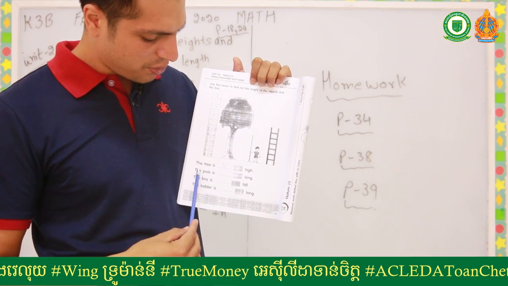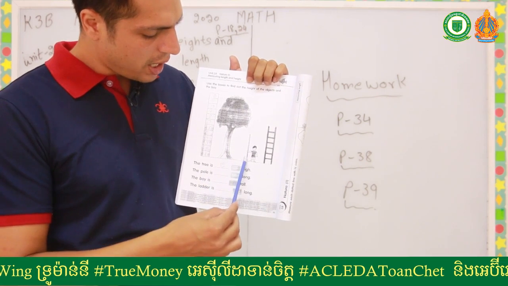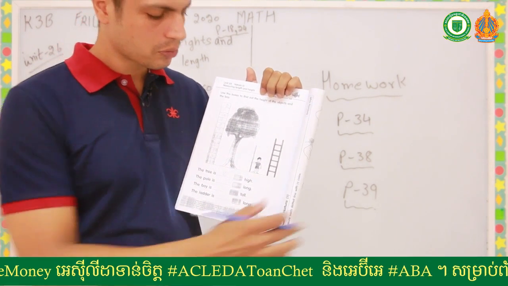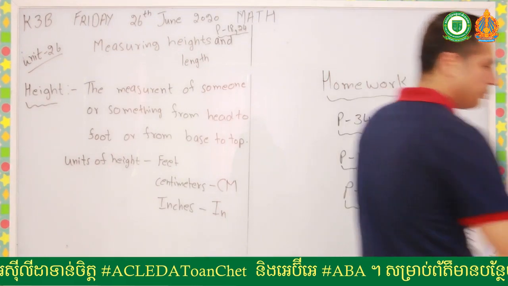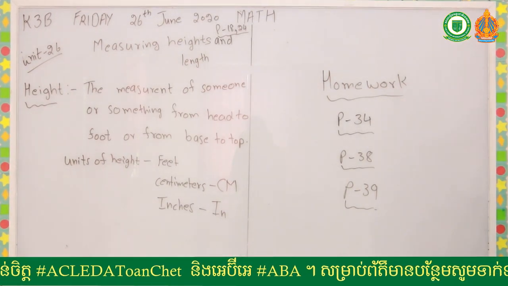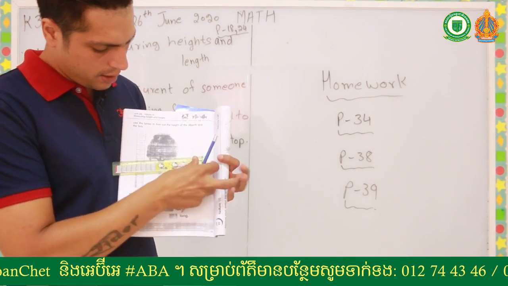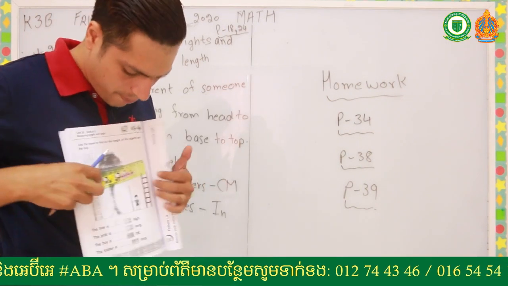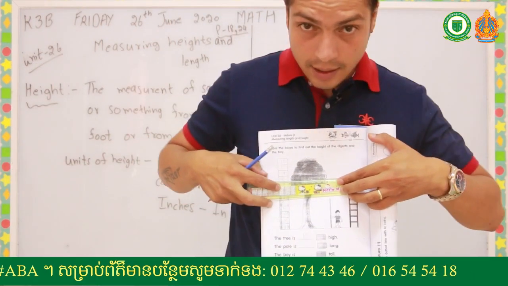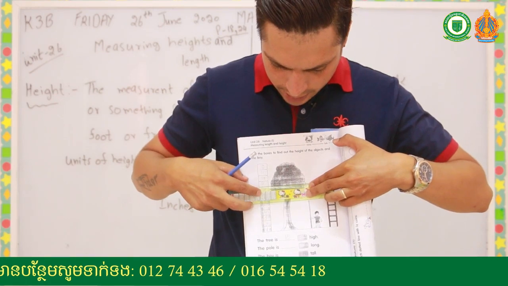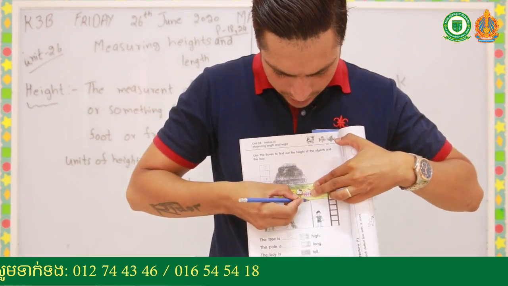Okay, now you need to find out the pole here. The boy is holding a pole. So when you do this, you can use a ruler. Okay, use a ruler here like this, use a ruler to mark.